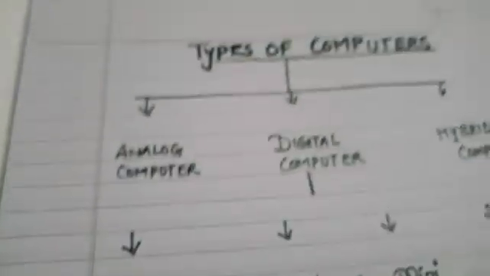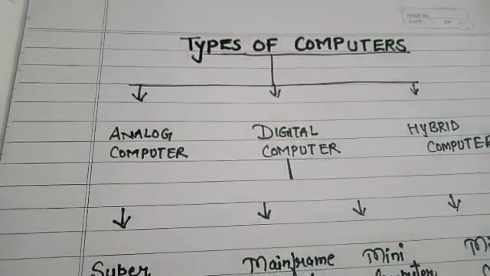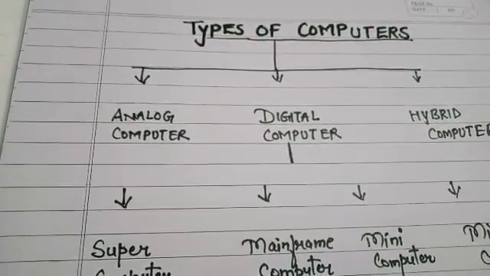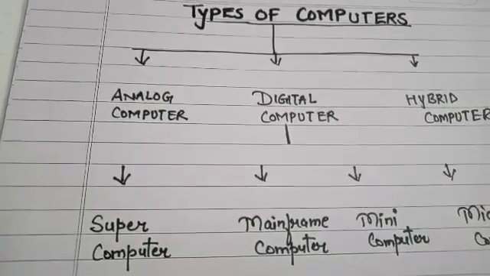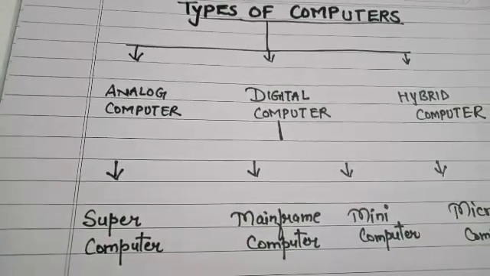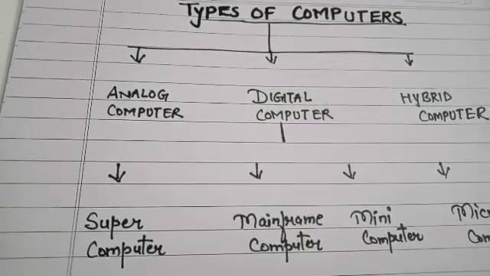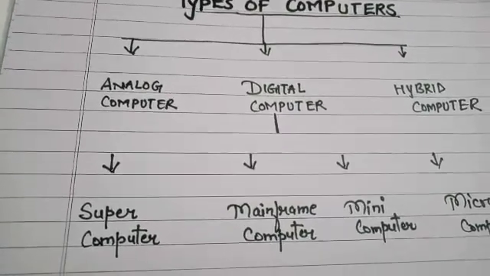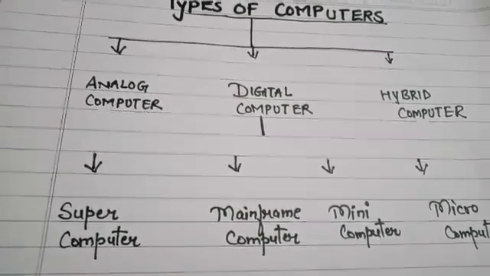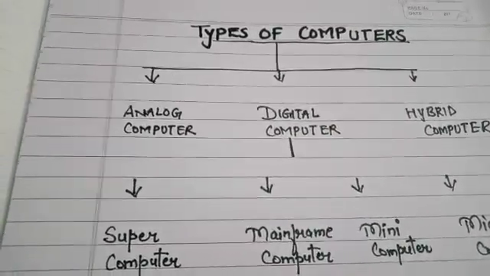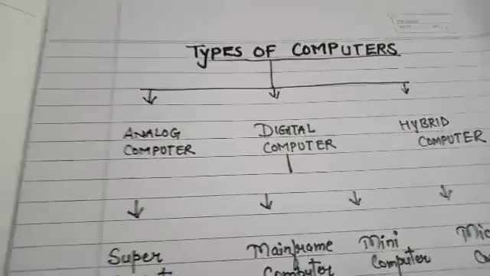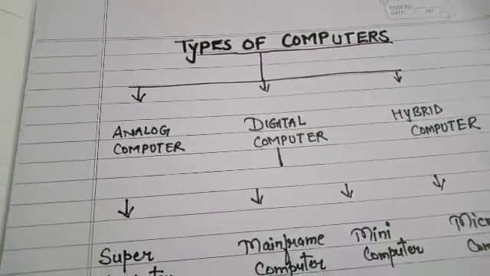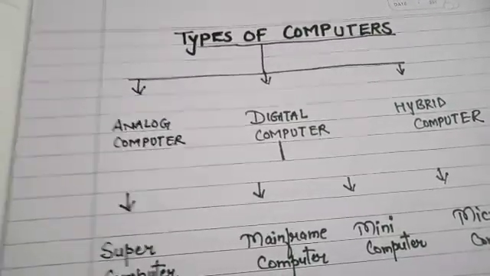So there are three types of computers: analog computer, digital computer, hybrid computer. And the digital computer is classified into four: supercomputer, mainframe computer, mini computer, microcomputer. And there are 5 generations of the computer: the first generation, second generation, third generation, fourth generation, and fifth generation.